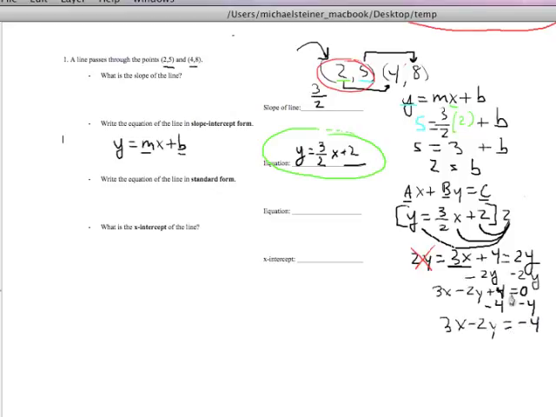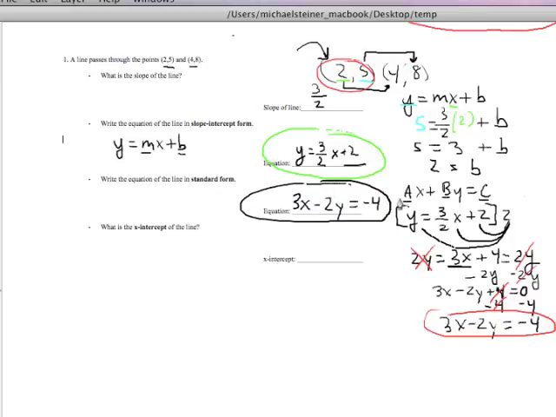Let me cancel those guys too. Okay, so this is the answer to the equation of the line in standard form. No other answer will do, except if you say multiply everything here by 10 or by 2, because you want these a, b, and c to be integers. This is the simplest form.